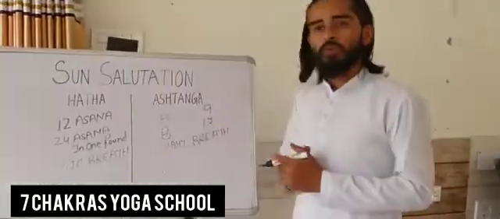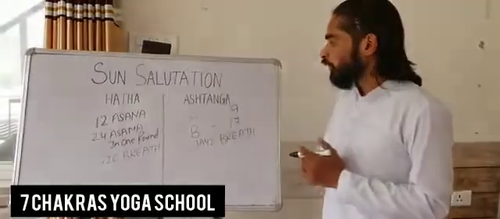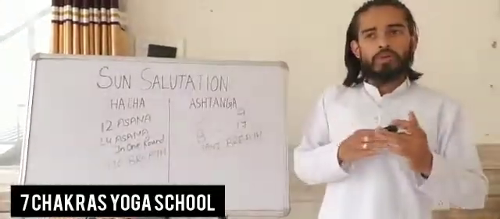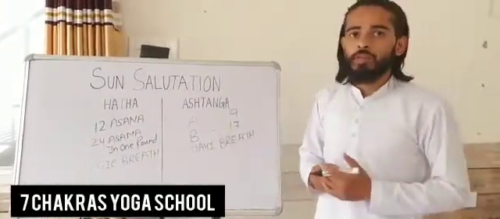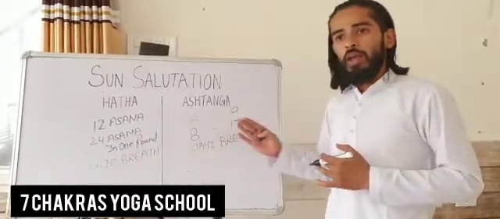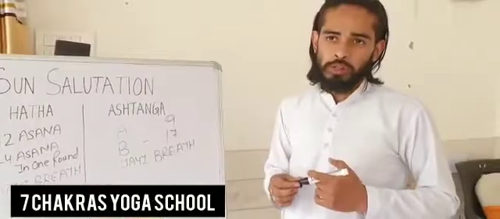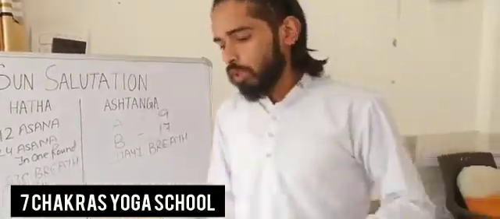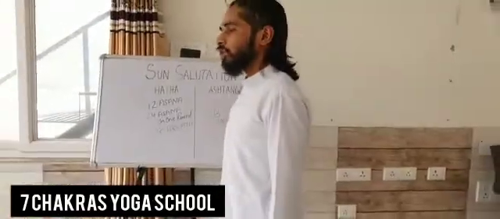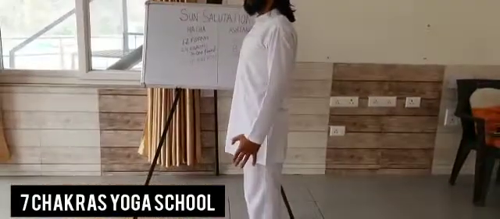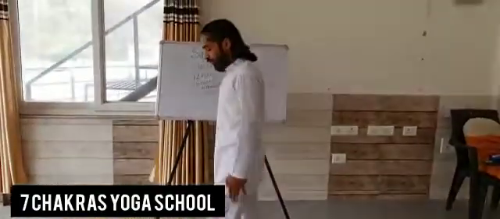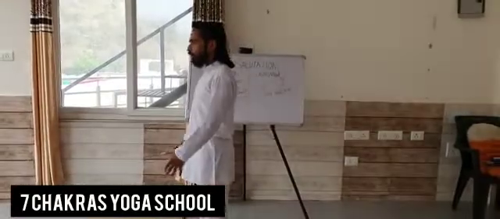Now the next thing: there are some asana which have a different name in Ashtanga Yoga and in Hatha Sun Salutation. Let me explain one posture. Let's say this posture is called Tadasana, where we start the Sun Salutation. We start Tadasana from the front of the mat.